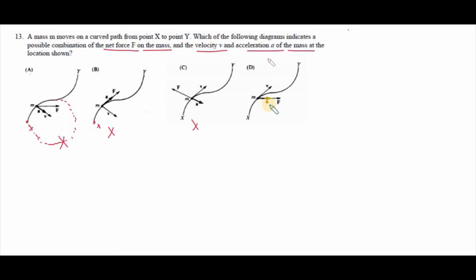That means the only consideration is that the acceleration's direction is the same as the direction of force, and the velocity is along the tangential direction. But note that here the direction of acceleration is not exactly radially inward. So we can conclude that there would be a certain amount of tangential acceleration as well.